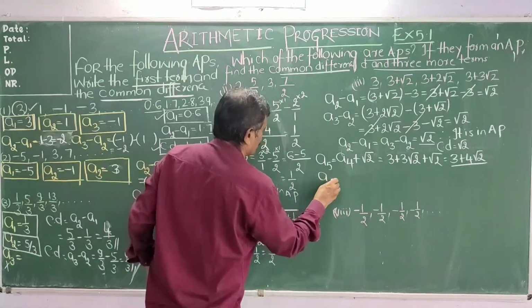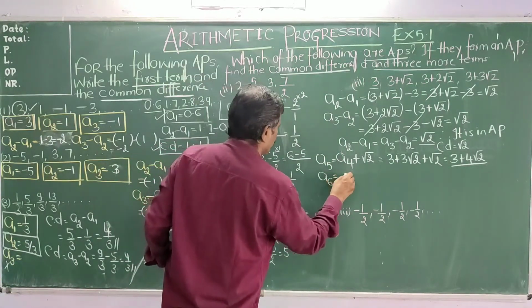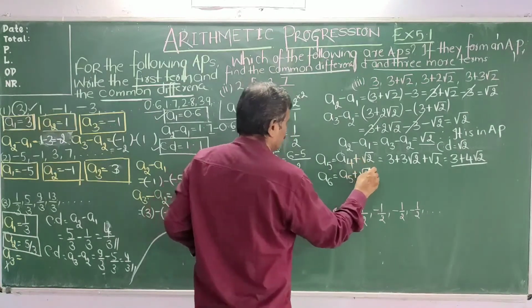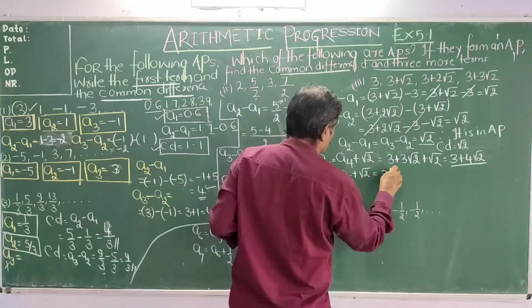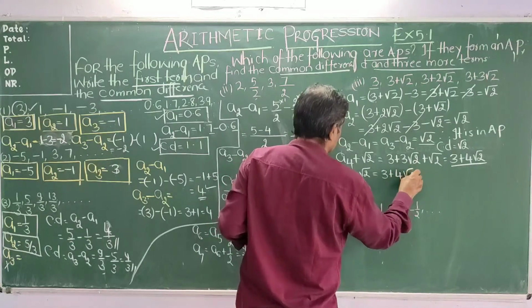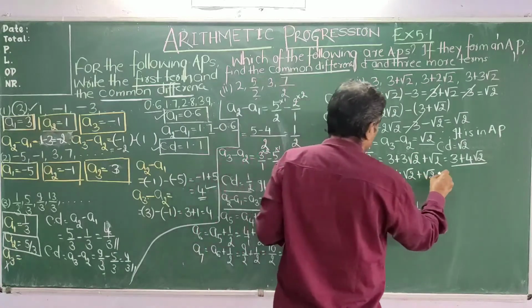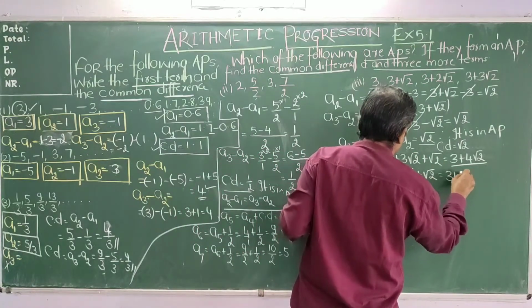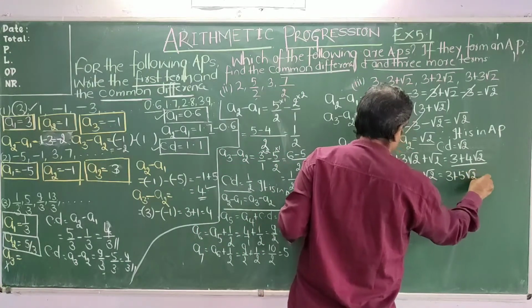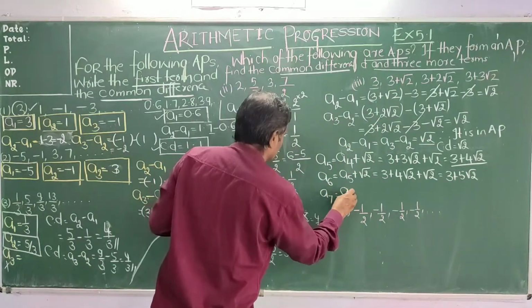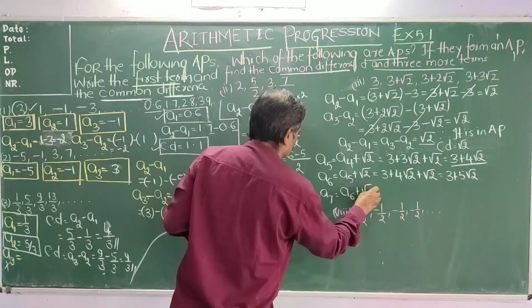Sixth term, if I want, it should be fifth term plus common difference. Fifth term is 3 plus 4 root 2 plus 1 root 2. That is equal to 3 plus 5 root 2. Now seventh term, if you want, sixth term plus root 2.